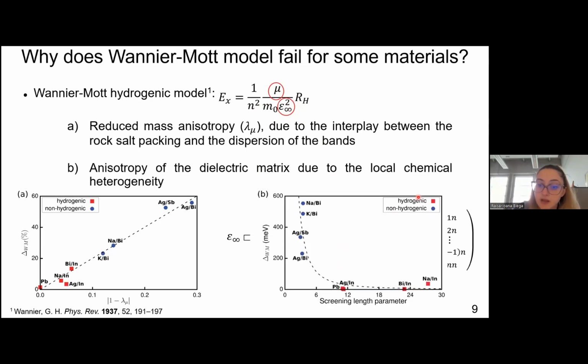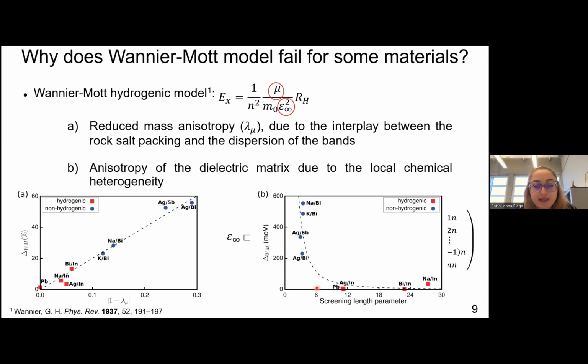And we looked into linking this with a screening length parameter, and we observed that the materials that have hydrogenic excitons all feature long screening length parameters. That means that the dielectric screening does not vary on the length scale of the exciton in these materials.